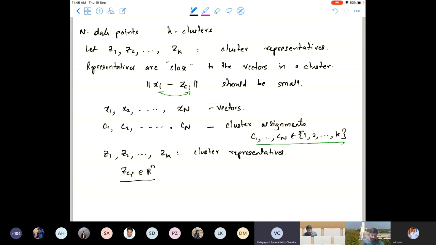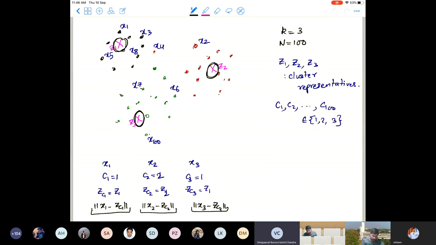So these data points are in Rn, and the representatives are also in Rn. For example, in this case, you can draw a coordinate axis like this. Then each vector here is the coordinate vector of a point. And these crosses, which are nothing but the group representatives, cluster representatives, are also vectors, coordinates of the representative. You are absolutely right.